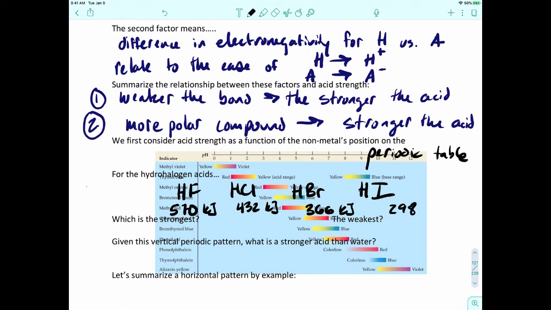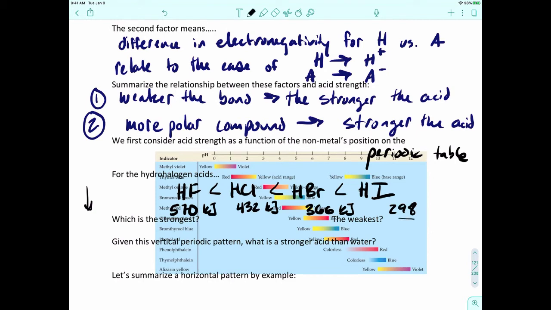So as we go down family 7A, the value to break the bonds is getting smaller. Looking at the value, the weaker the bond, the stronger the acid. That would mean that HI is going to be your strongest acid, followed by HBr, followed by HCl, and then finally HF is going to be the weakest of the four.